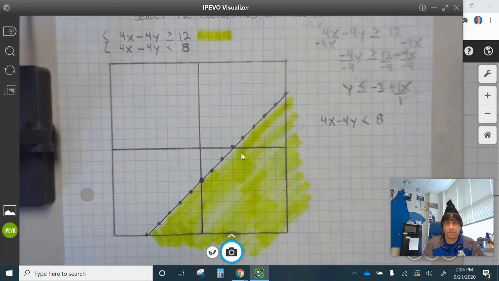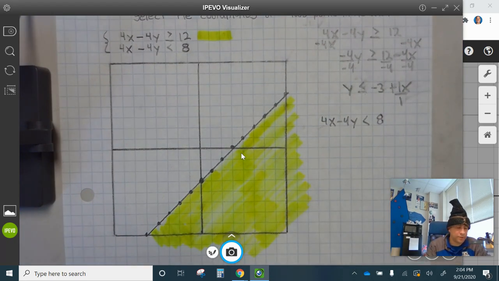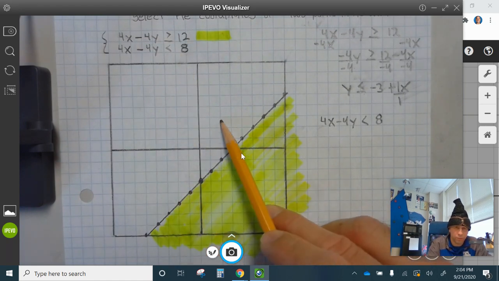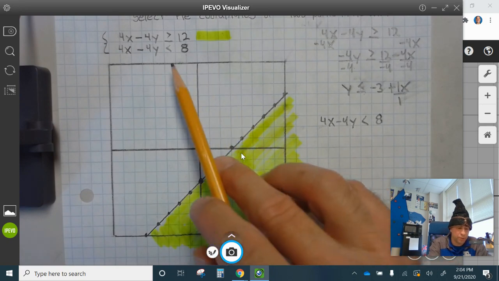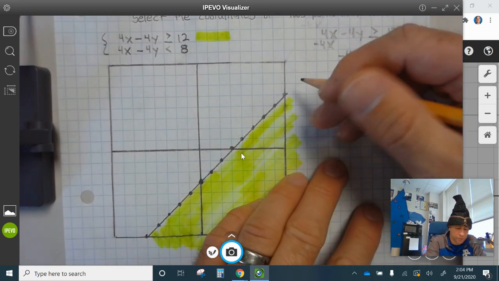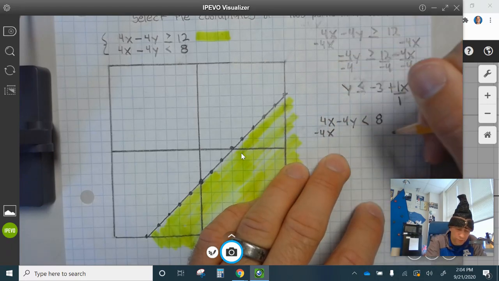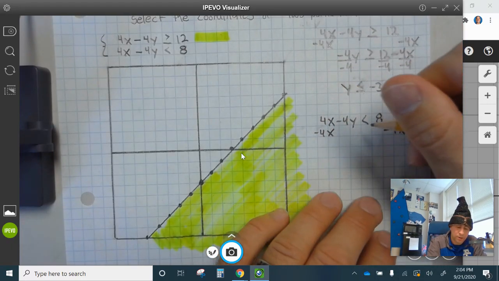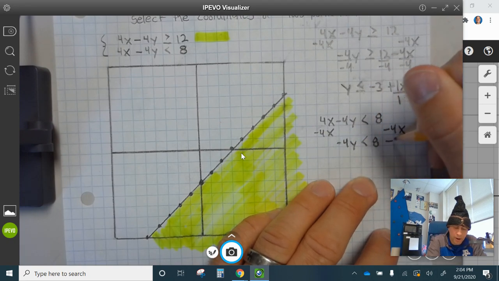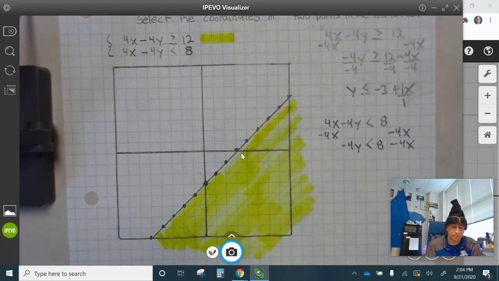And the reason I'm doing that is on the last example, example 3, I had the 5 there so you could see what happens when you can't really find a good point, graph it. But in this one, I want just a good point that we can graph, okay? So we're going to subtract 4x from both sides. So then you're left with negative 4y less than 8 minus 4x.